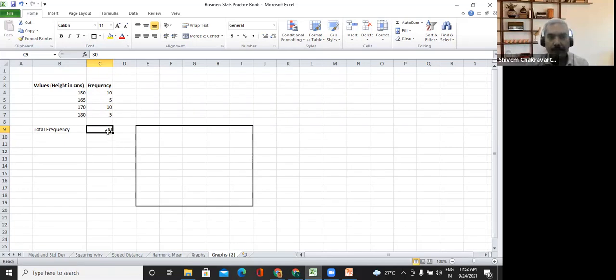Now, if the frequency is 10, how many degrees should that portion be, that conical portion? Are you able to follow what I'm trying to say? Or do we need to find some other means to represent this?